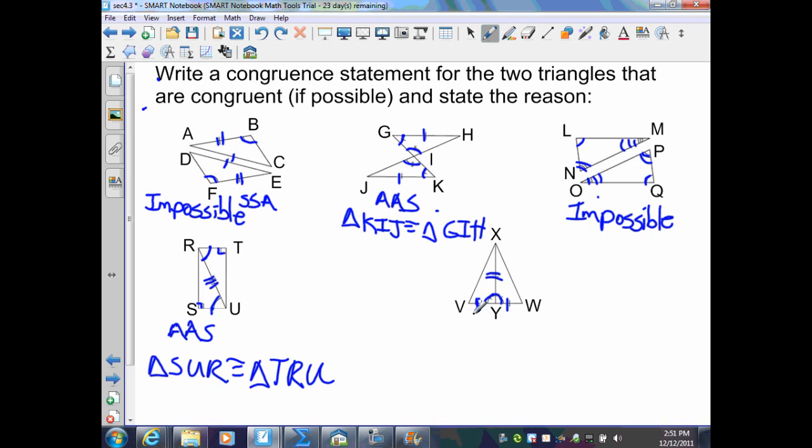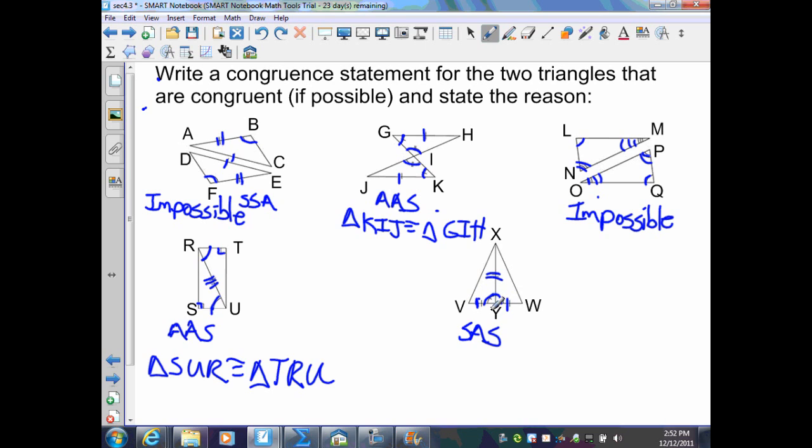Here, I am given side, angle, side, for the reason that these two triangles are congruent. In this situation, I have an included angle in each triangle. It's sandwiched in between the two congruent sides.